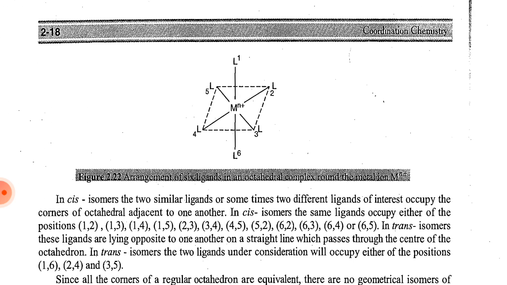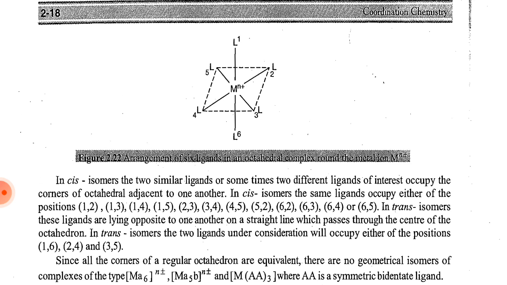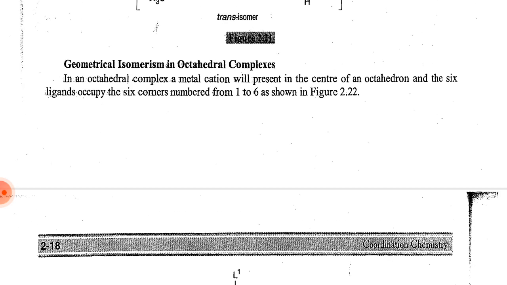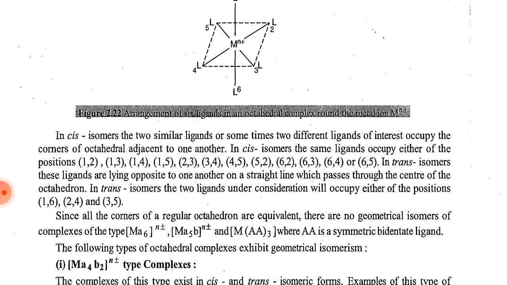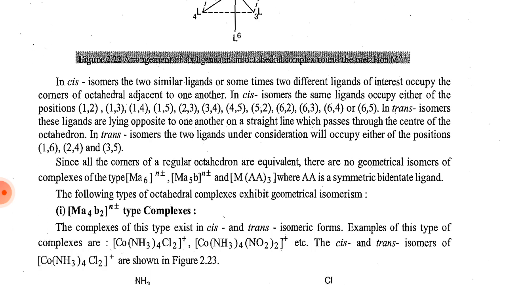Mn plus L, L, L, L, L, L. So this is the arrangement of 6 ligands in an octahedral complex around the metal ion.